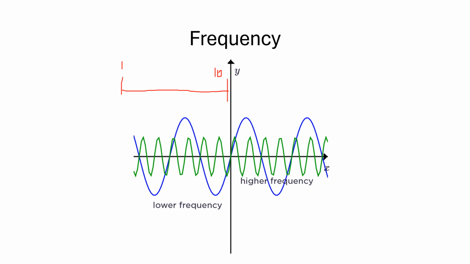You're only getting about 2 waves in 10 seconds at a lower frequency. However, if you look at the green line here, it's going really fast, up and down, up and down, okay? And you're getting way more waves in that 10-second period. That is what I mean by frequency, okay? Number of waves in a period of time.